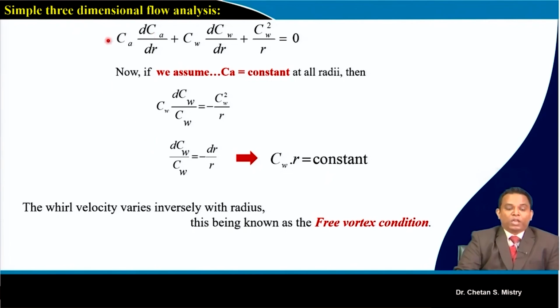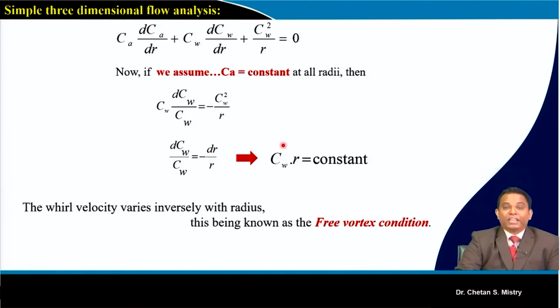Now let's simplify further. This is my equation: Ca dCa by dr plus Cw dCw by dr plus Cw square by r equal to 0. Let me assume that the axial velocity is constant for our analysis. Then the equation simplifies, and further it says dCw by Cw equals minus dr by r.